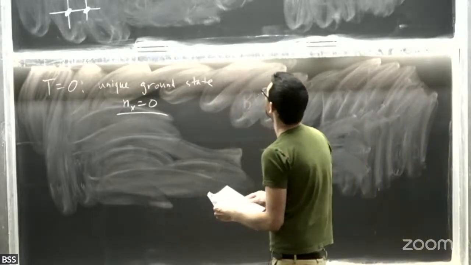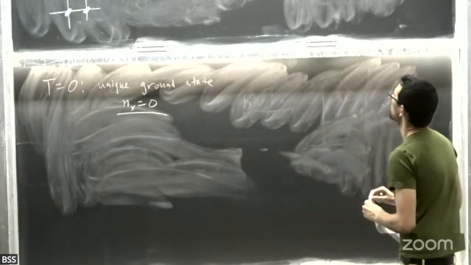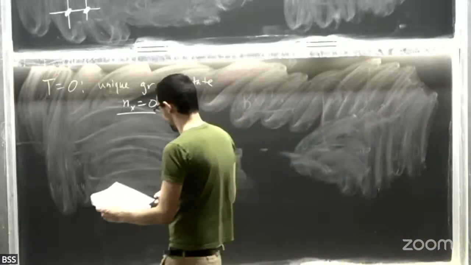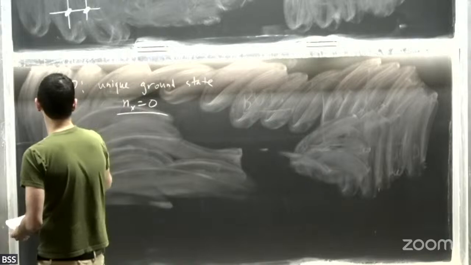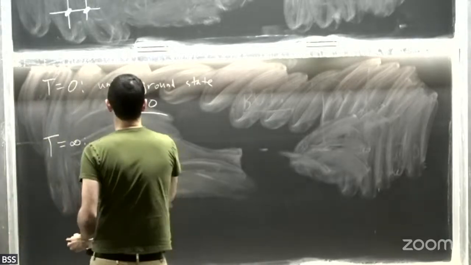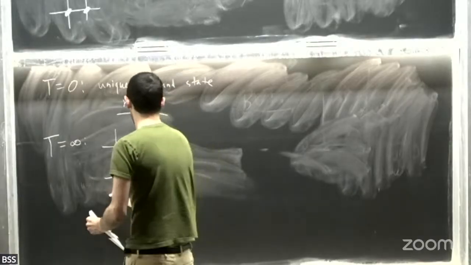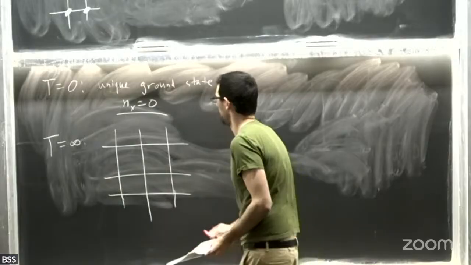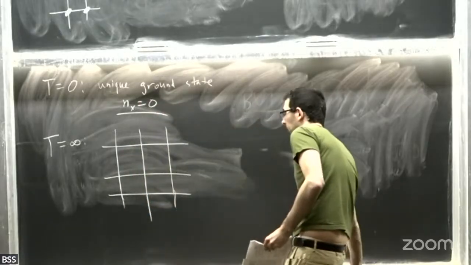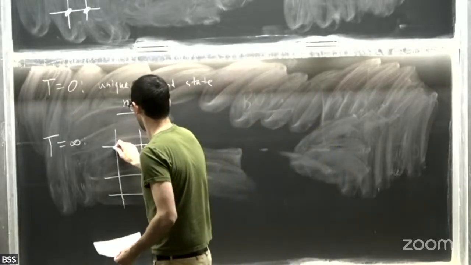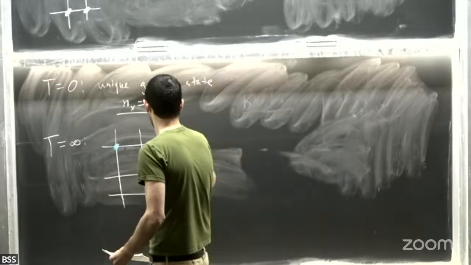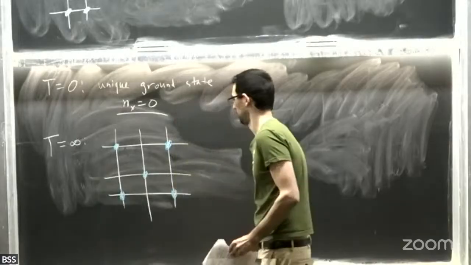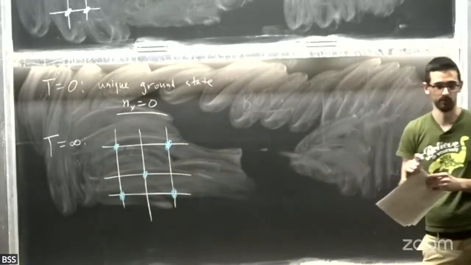Now let's think about high temperature. Yeah. At high temperature, it's maybe slightly trickier, but what's going to happen is that in typical configurations, the particles will form these checkerboard configurations.